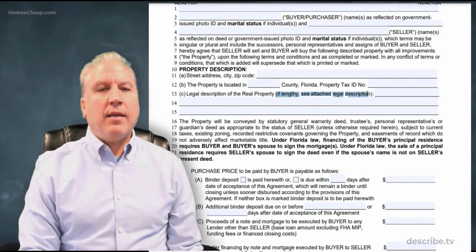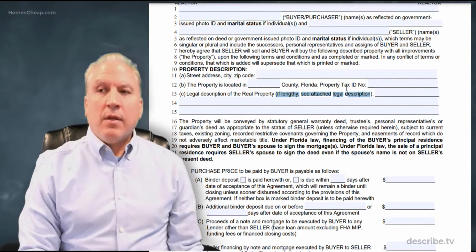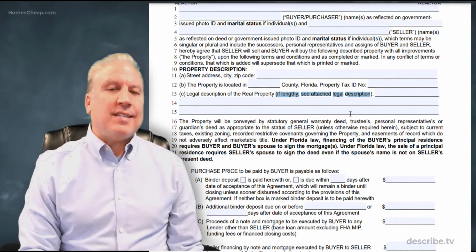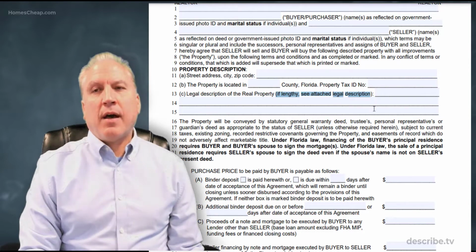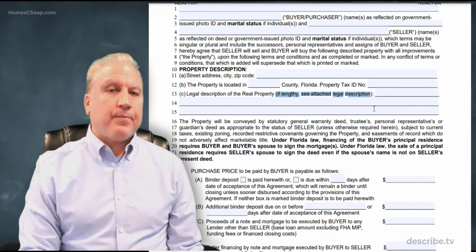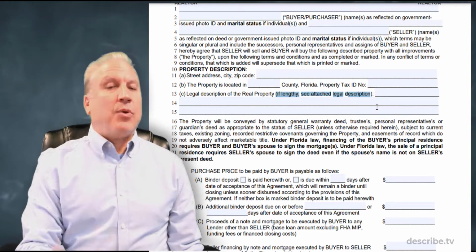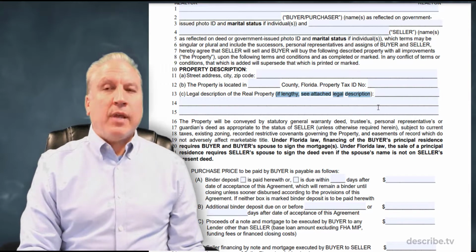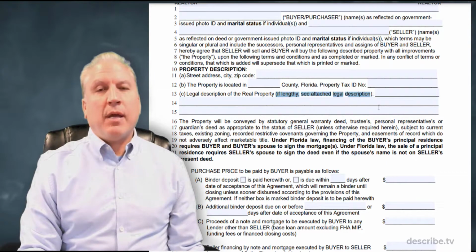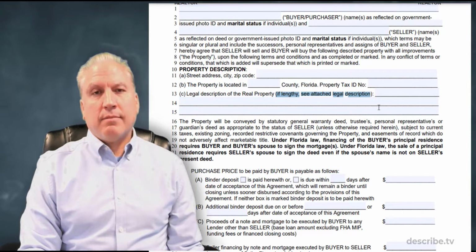If lengthy, see attached legal description. Here's why that's important. A property address is not sufficient to identify a particular property because 12 Main Street might actually have 3 legal parcels on it. A street address is really just what the mailman uses to deliver mail.